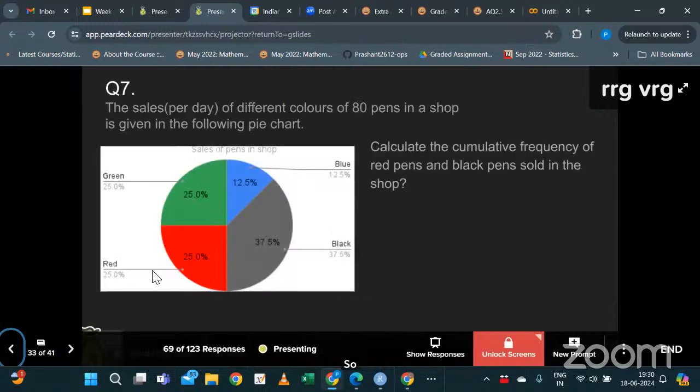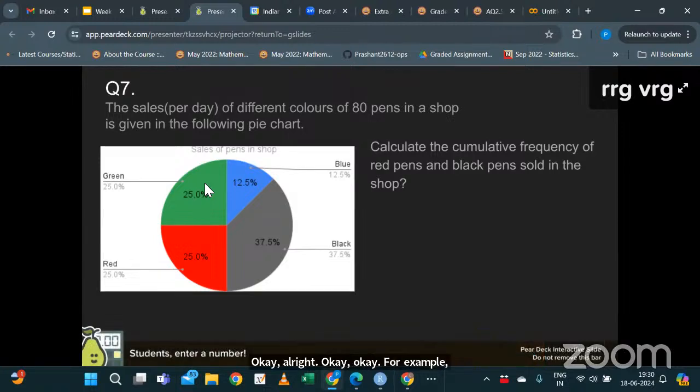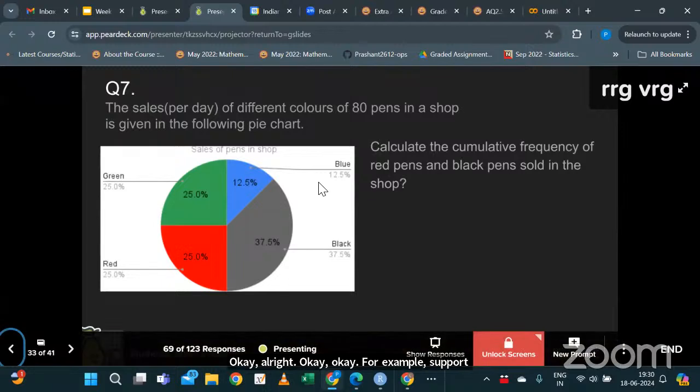For example, suppose I change the question. Suppose instead of this 25, I have given X percentage. The rest is 12.5, 37.5, and 25%, and this green is X percent. Then how will you calculate this? Sir, the sum will be 100, so add everything and subtract from 100. Correct. So the sum should be 100, right?